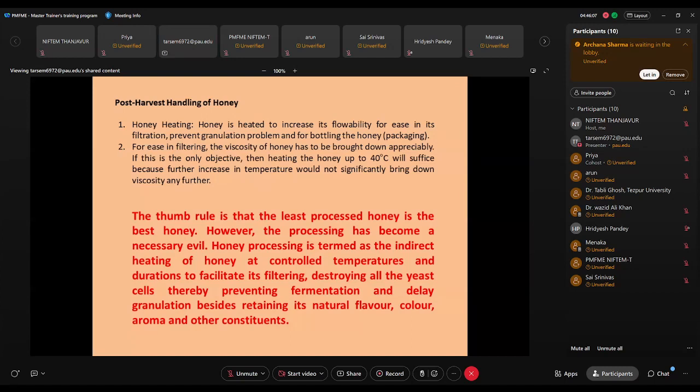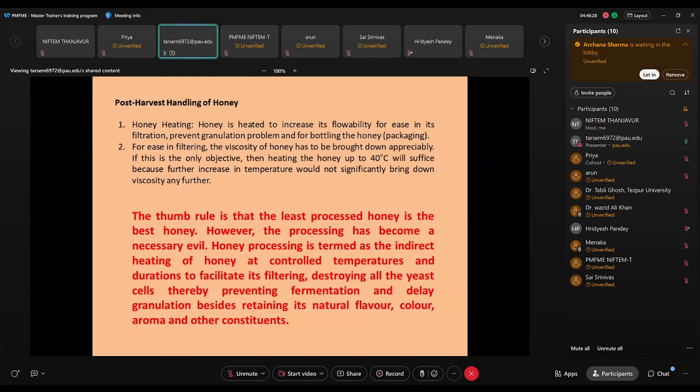So heating for filtration should be up to 40 degrees Celsius, not beyond that. But if we are going to reduce the moisture content or destroy the yeast cells, then we can go for a higher temperature, even up to 50 degrees Celsius.